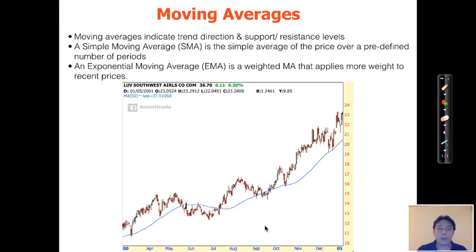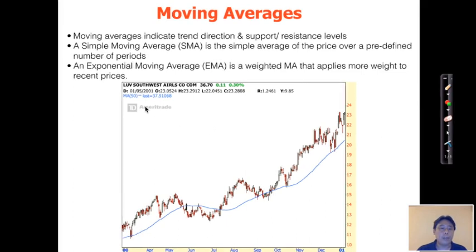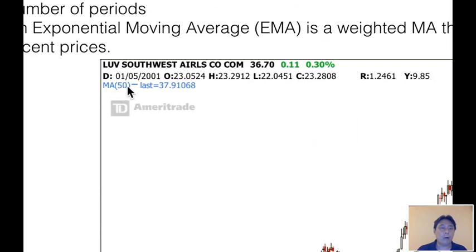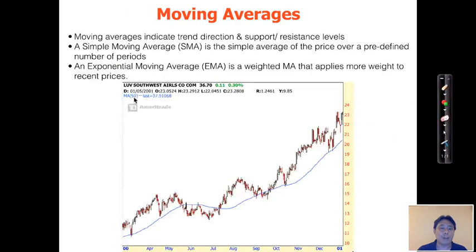For example, in this chart, I've put in the 50 MA or the 50 moving average. So what the computer does is it will draw this blue line, which is the 50 moving average. So what does it really mean? 50 moving average means that the software will take the last 50 days of the stock's closing price, add it together and divide by 50.